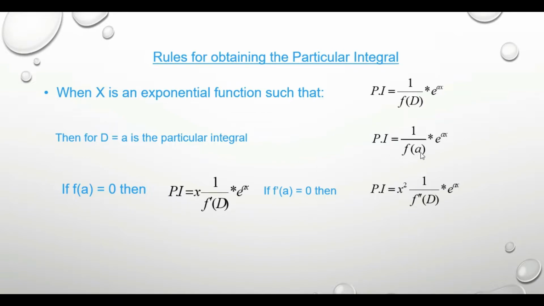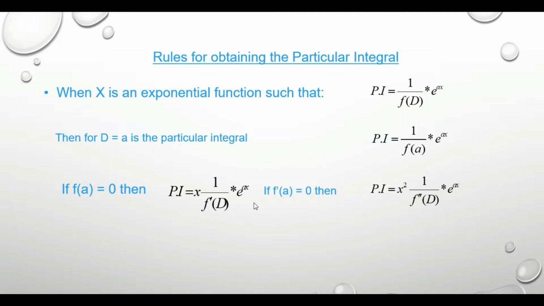If f(a) is equal to 0 in the denominator, that means the expression is undefined, and therefore we have to apply the case of failure, which is multiplying by x and then taking the first derivative of f(D).